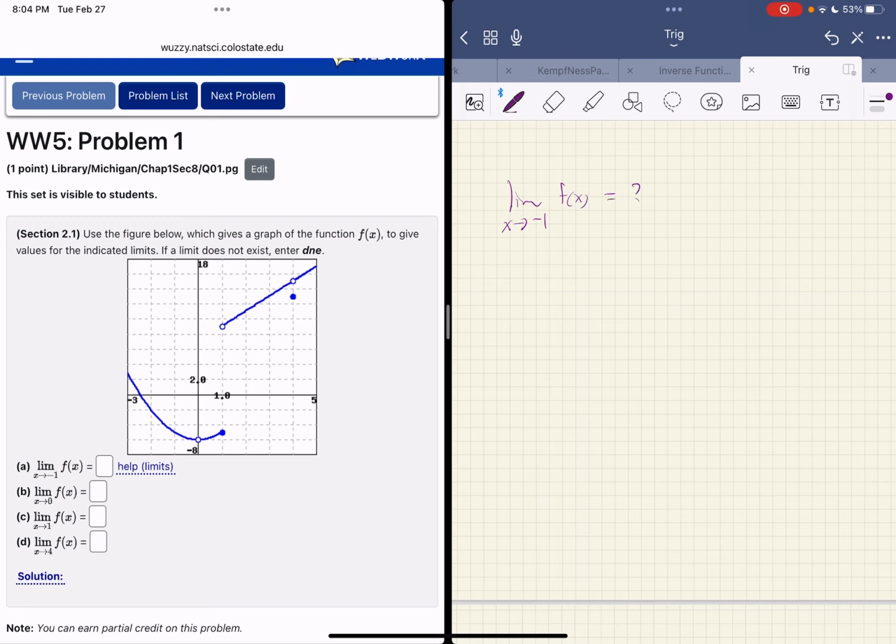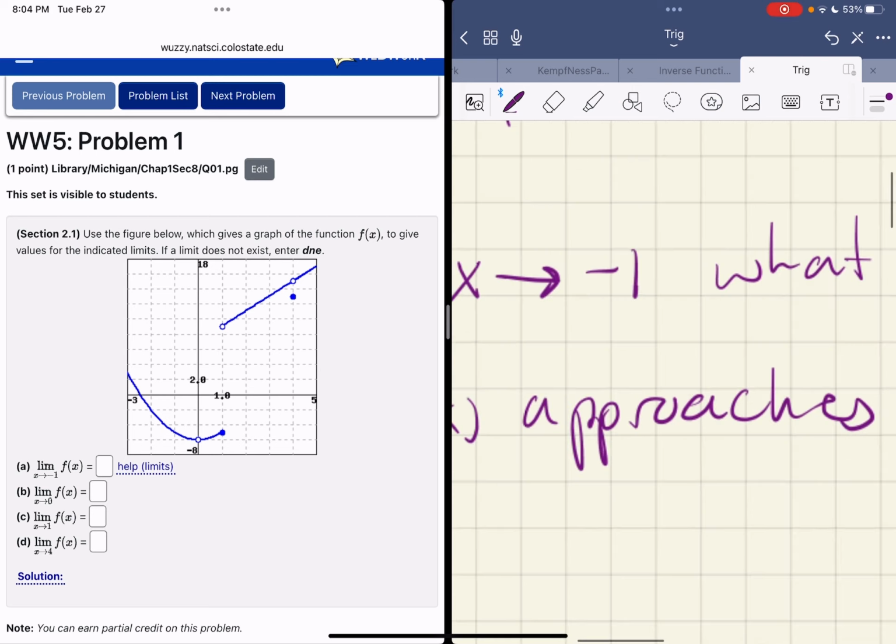Okay, so this is asking you a question. That's why it ends in a question mark. And it's saying, as x approaches -1, what does it look like f of x approaches?